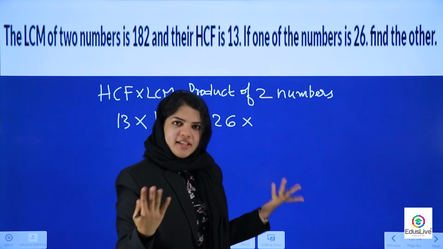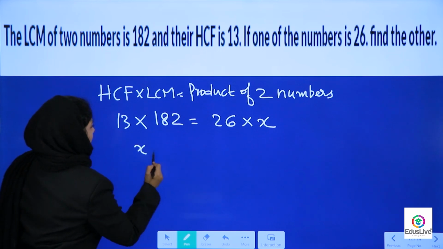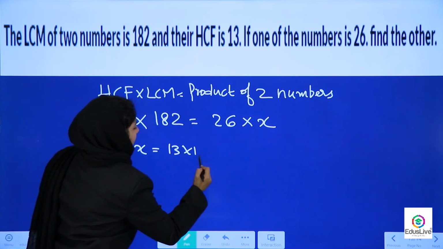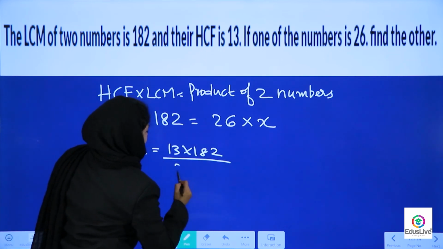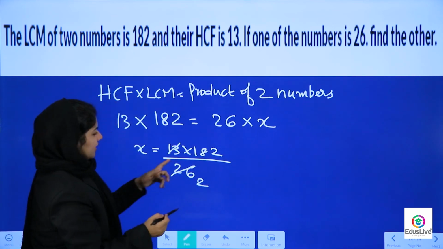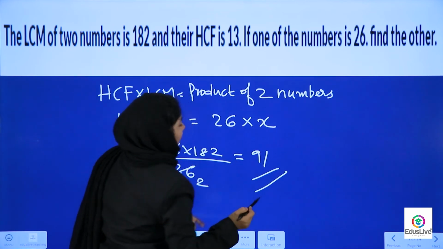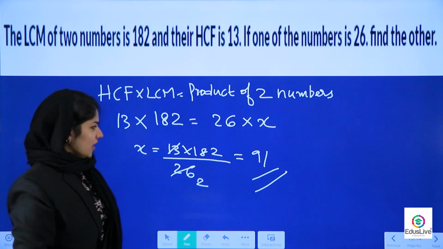You can assume the second number to be x. So x is equal to 13 times 182 by 26. 13 and 26 we can cancel by 13. Then 182 divided by 2 is 91. So the other number is 91.